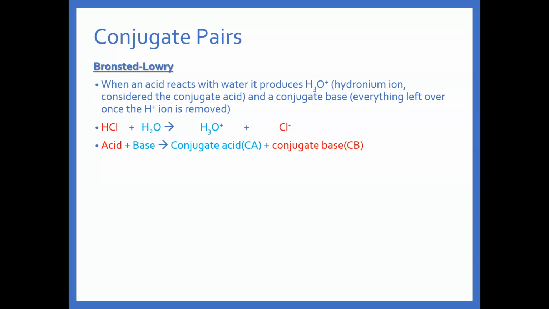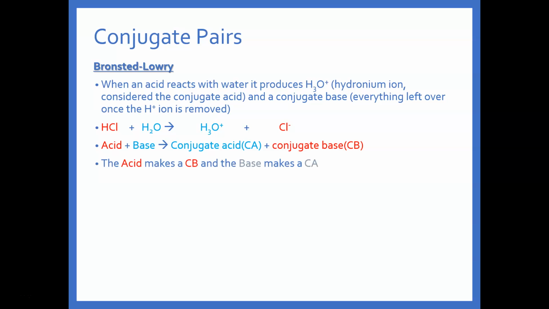Now remember, our conjugate base is going to be whatever loses the hydrogen. So in this case, we can see that chlorine used to be HCl, but now it's Cl-. It lost the hydrogen, so it is the conjugate base. And our hydronium ion is going to be our conjugate acid.